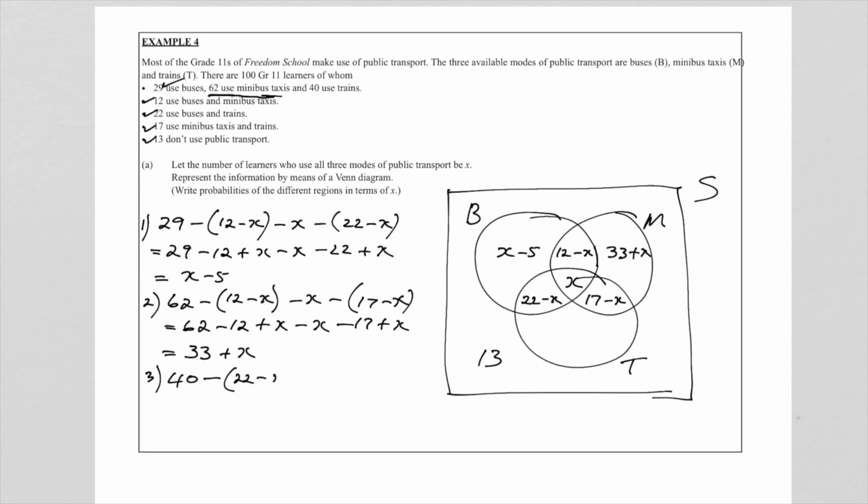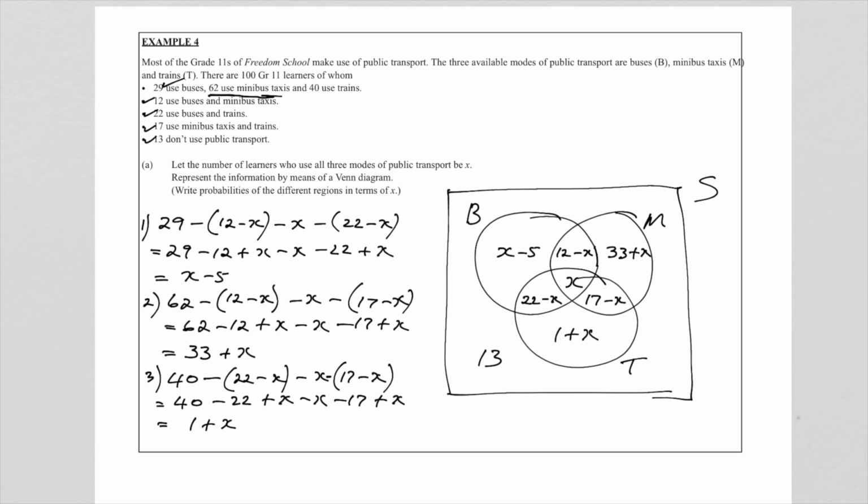Subtract 22 minus x, subtract 17 minus x. And if we simplify that, I get 40 minus 22 plus x minus 17 plus x. And that will give us 1 plus x. And this is then 1 plus x.